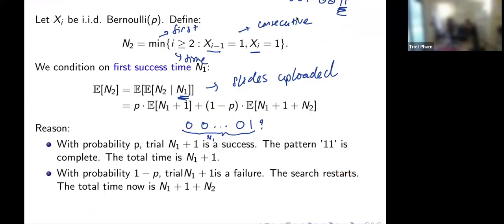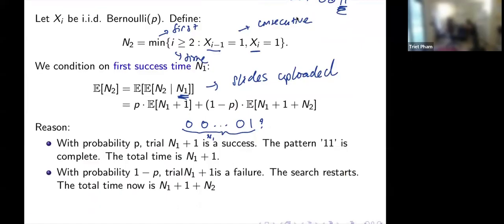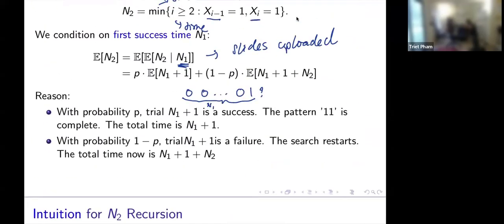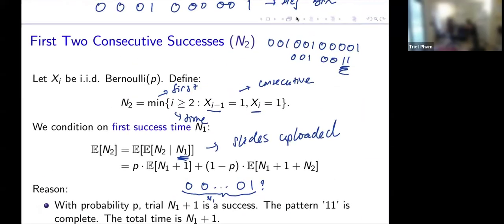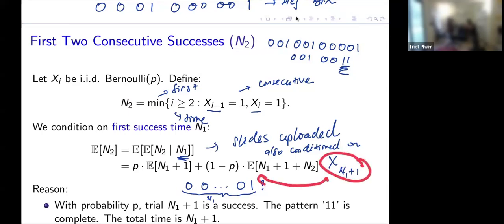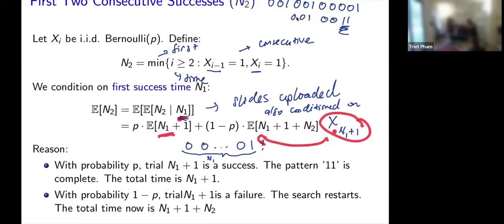So in this case, this calculation right here has already conditioned on the notation X_{N1+1}, meaning it conditions on the result of the trial after N1. Because we use that information in writing this out.